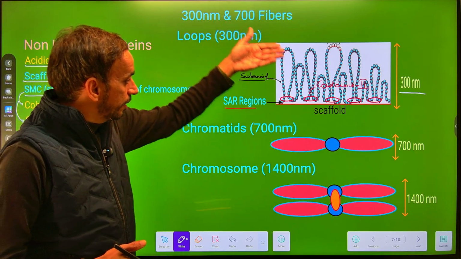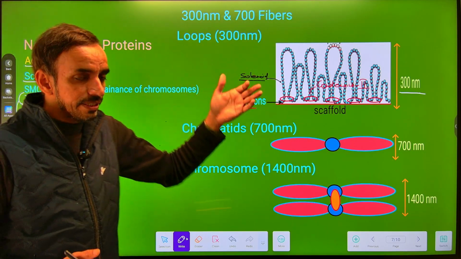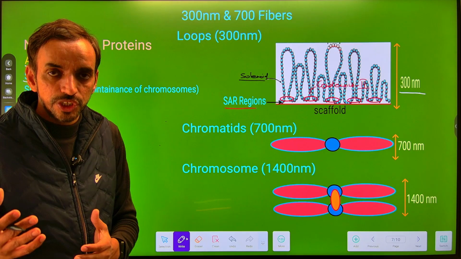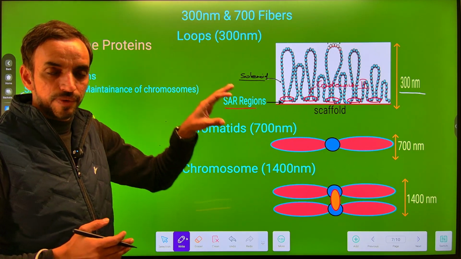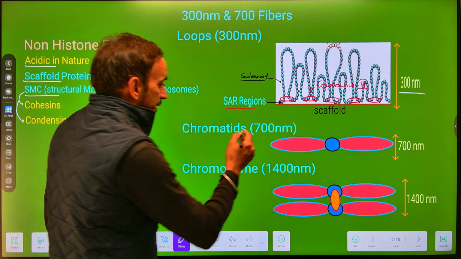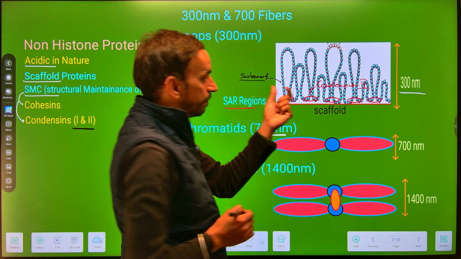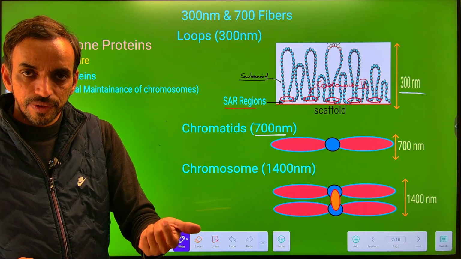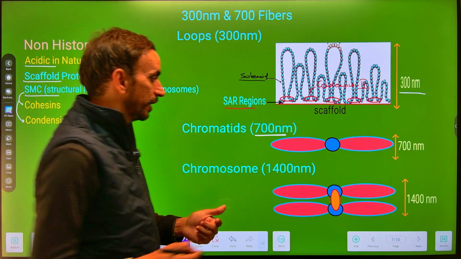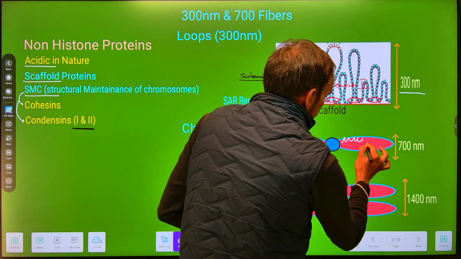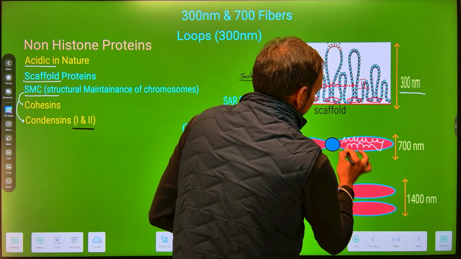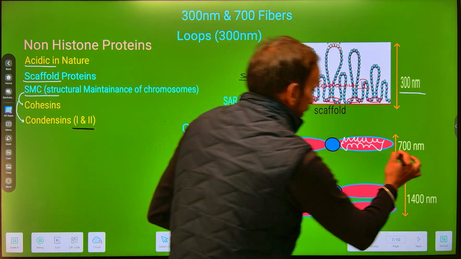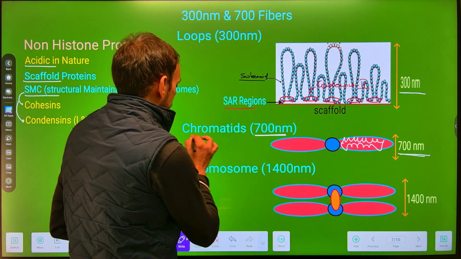Now, likewise, in the next step, the condensins further carry out the condensation of this 300 nm fiber into a 700 nm fiber. After the functioning of condensin 2, there is a functioning of condensin 1, which further carries out the condensation, and due to this further condensation, we now have the structure which is 700 nm in size, known as the chromatid.